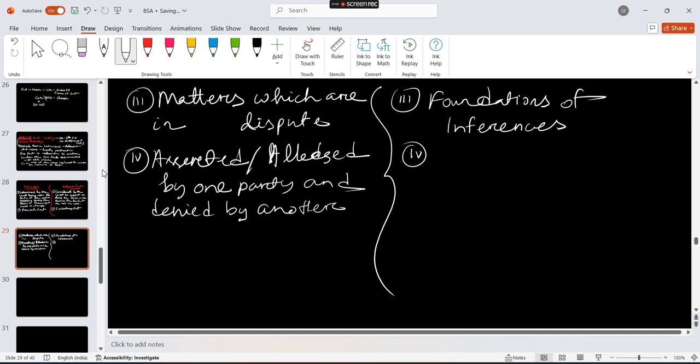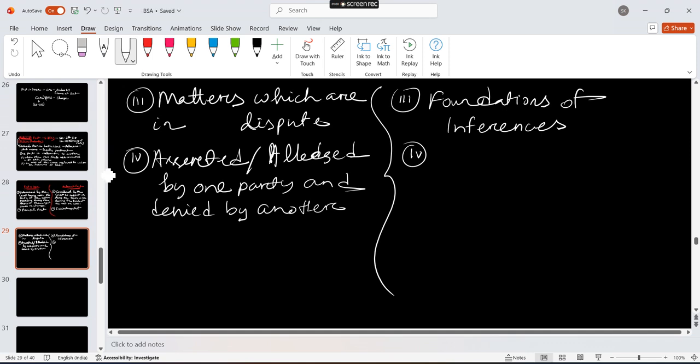As I explained to you, if I want to prove before the court that yes, A stabbed B, I have to pose a couple of facts. If I want to prove A has not stabbed B, I have to provide a couple of facts.